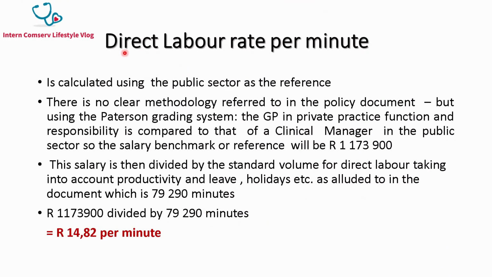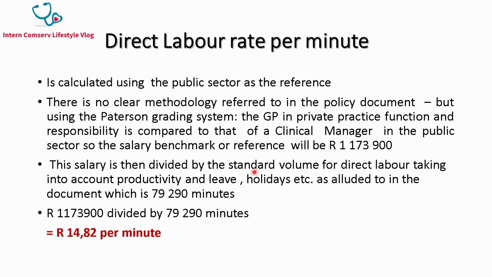How do we calculate the direct labor rate per minute? Interestingly enough, the direct labor rate per minute is calculated using the public sector as a reference. There's no clear methodology referred to in the policy document, but by using the Paterson grading system, the GP in private practice's function and responsibility is compared to that of a clinical manager in the public sector.